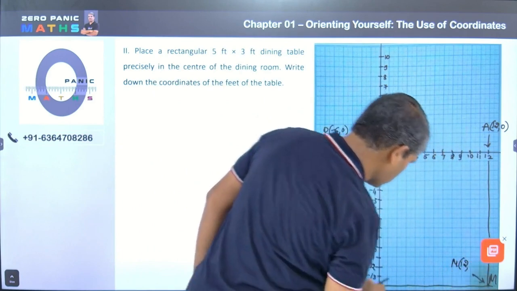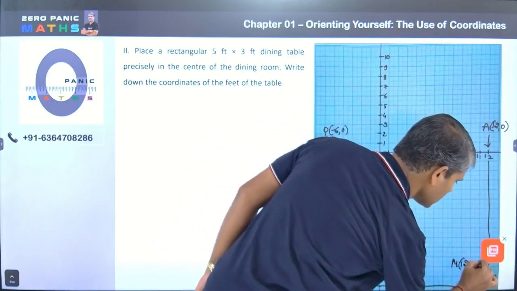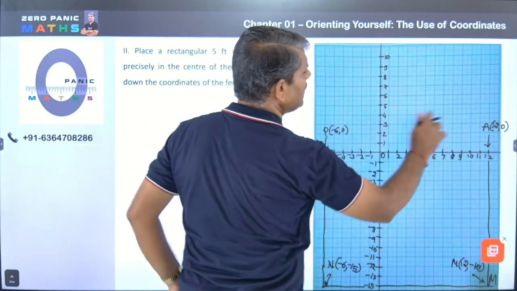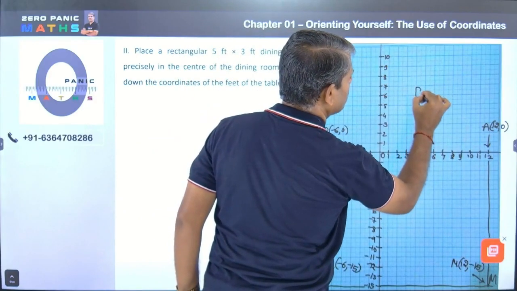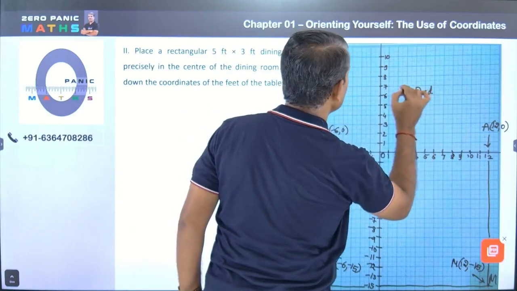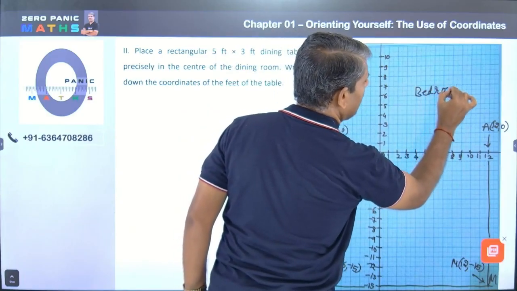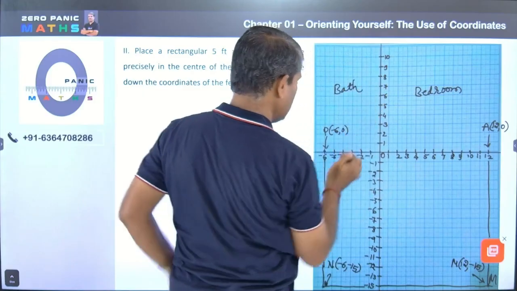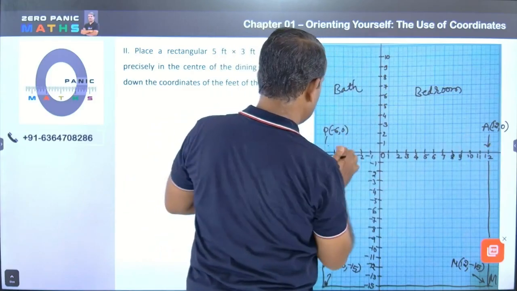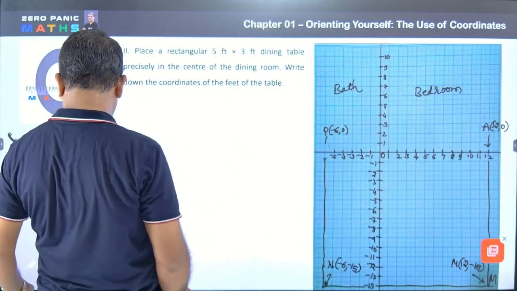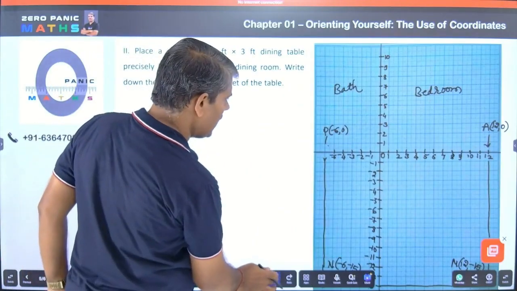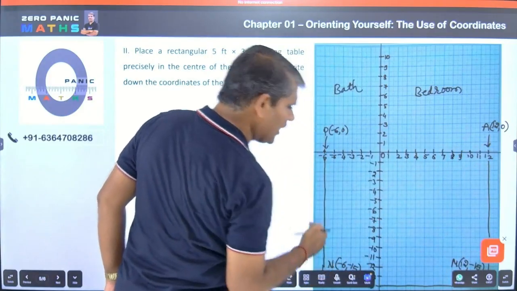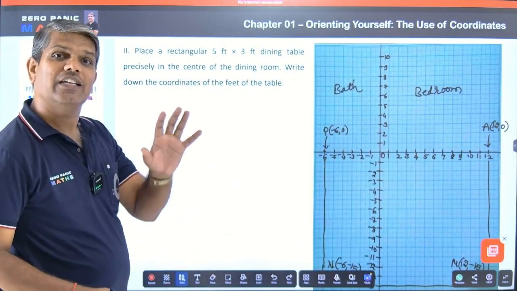And the y coordinate is minus 15. Attached to this is actually a bedroom, and this is the bathroom. And from here to here it is PAMN. PAMN is actually the dining room.